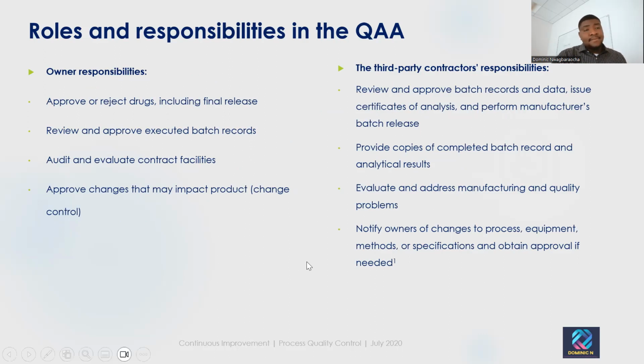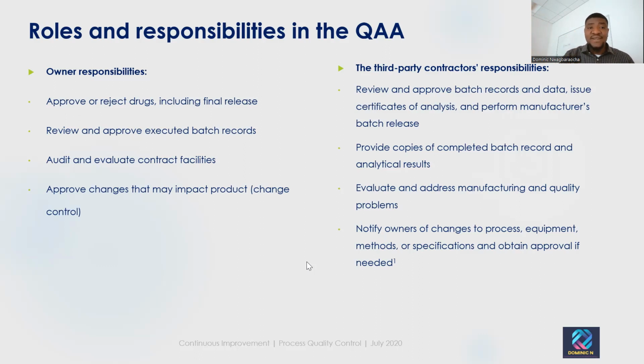Like I mentioned earlier, the owner has the responsibility to approve and reject products. You can review all the batch records, do all your internal approvals, and create a disposition on the product from your end, but I will review and approve executed batch records.